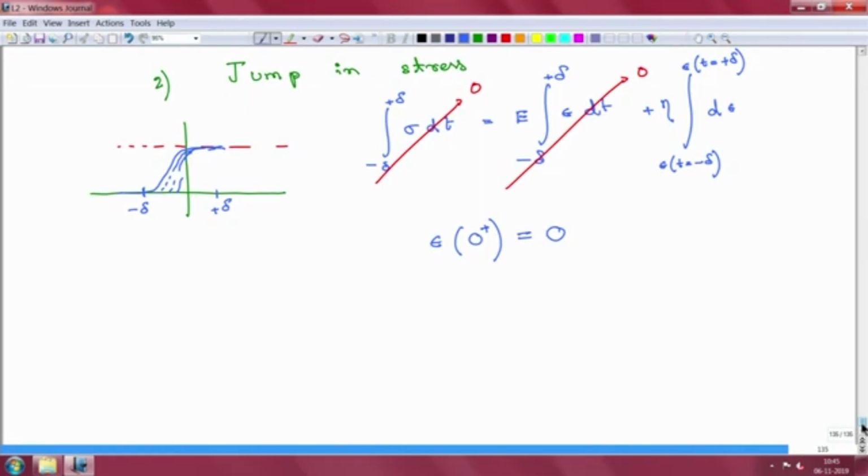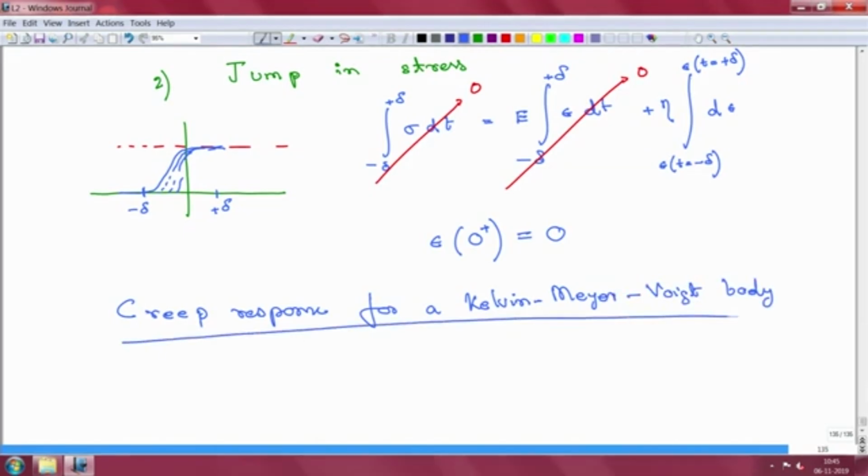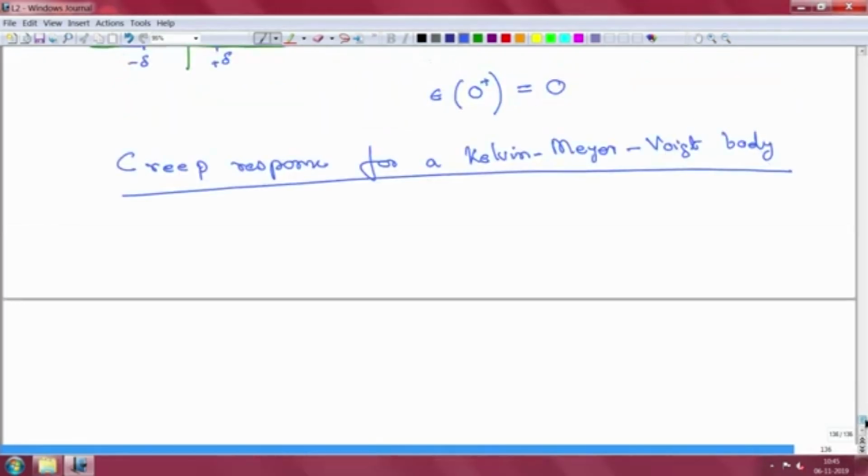Now that we have the jump conditions with us, let us take a look at the creep response for a Kelvin-Voigt body. For the creep response, what is provided to you is that sigma t is equal to sigma naught for t greater than 0.